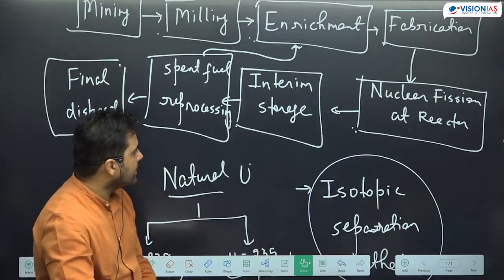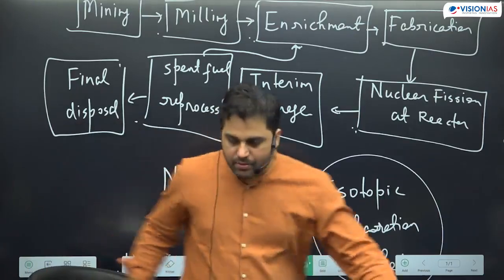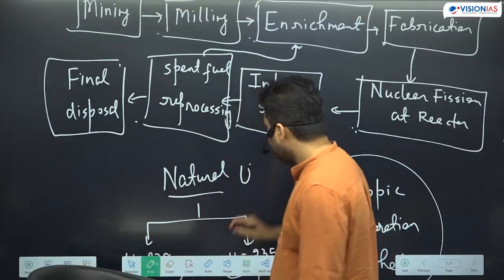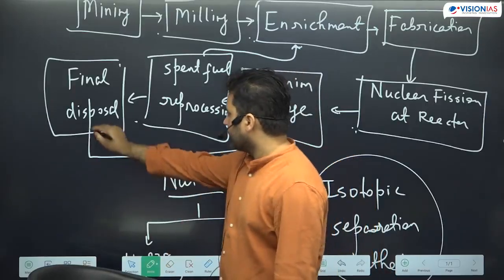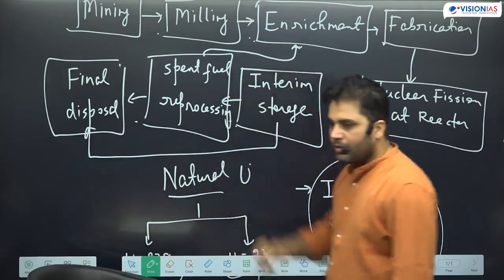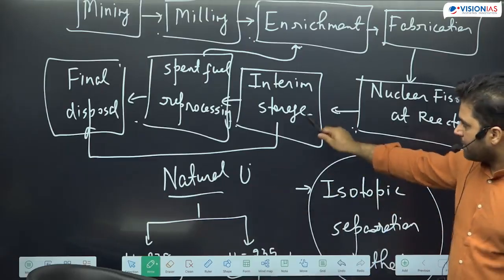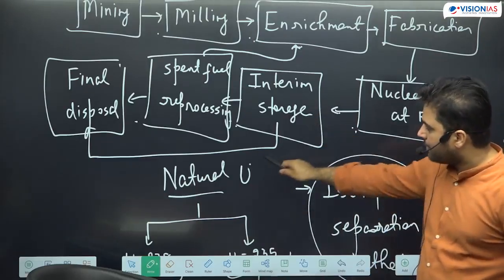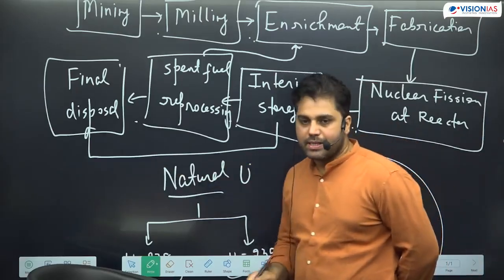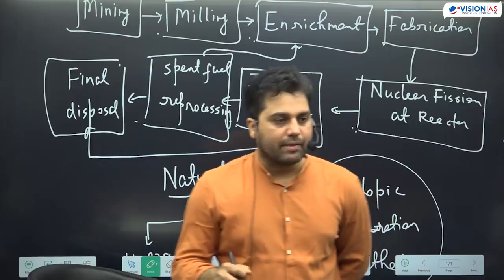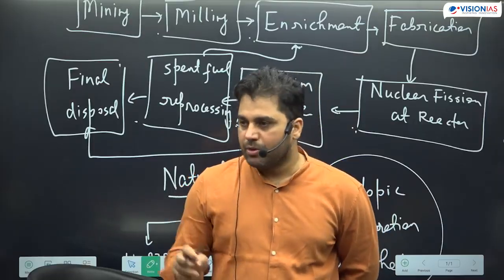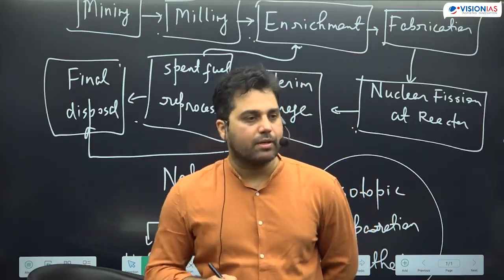We can do two things here. What few countries do here, such as US, they directly jump from here to here. You can make an arrow in your diagram that we had written. Some countries can directly find locations where this nuclear waste can be deposited. Often those locations will be deep geological formations.